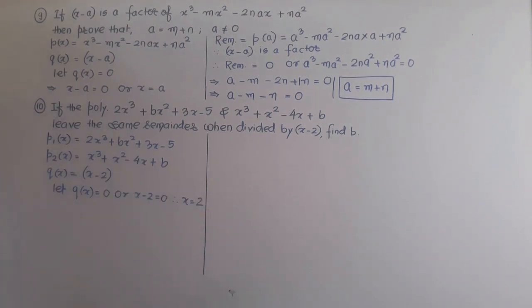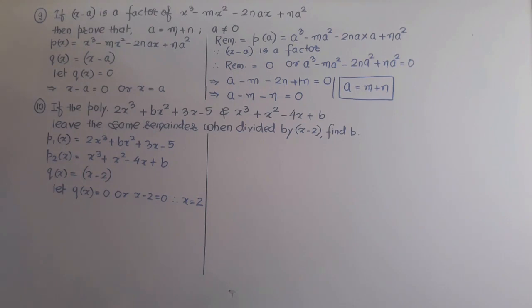Now this value of x, when I put one by one in P1 and P2, I will get the respective remainders. If you put x equal to 2 in P1, you will get the remainder when P1 is divided by Q. And similarly, when you put x equal to 2 in P2, you will get the remainder when P2 is divided by Q. And these two remainders are given as the same in the question.